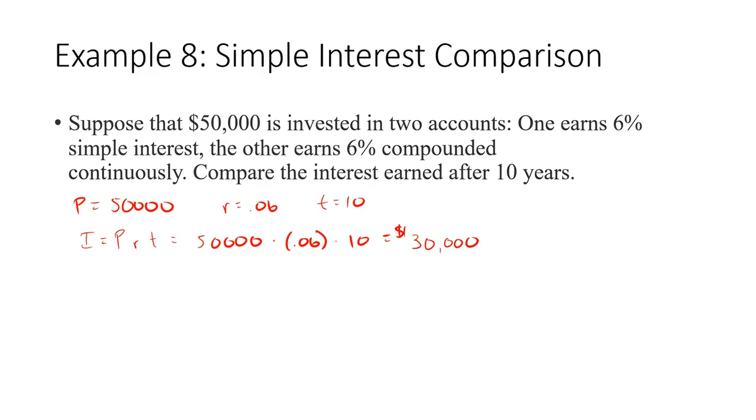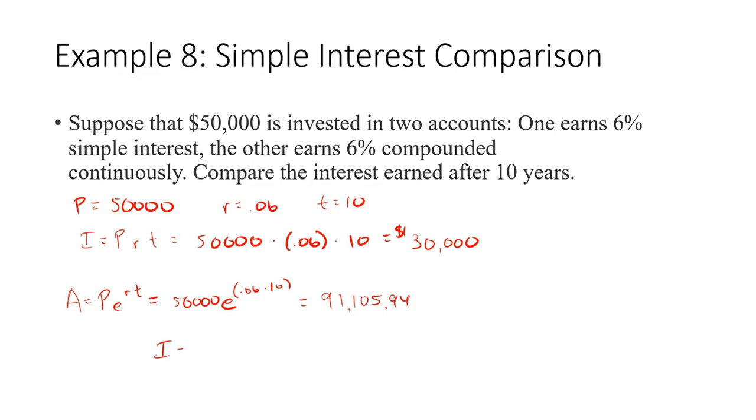For an account that's compounded continuously, if we want to find the interest, well, we can find the future value. A equals P e to the r times t. 50,000 e to the 0.06 times 10. And if we calculate that value, $91,105.94.